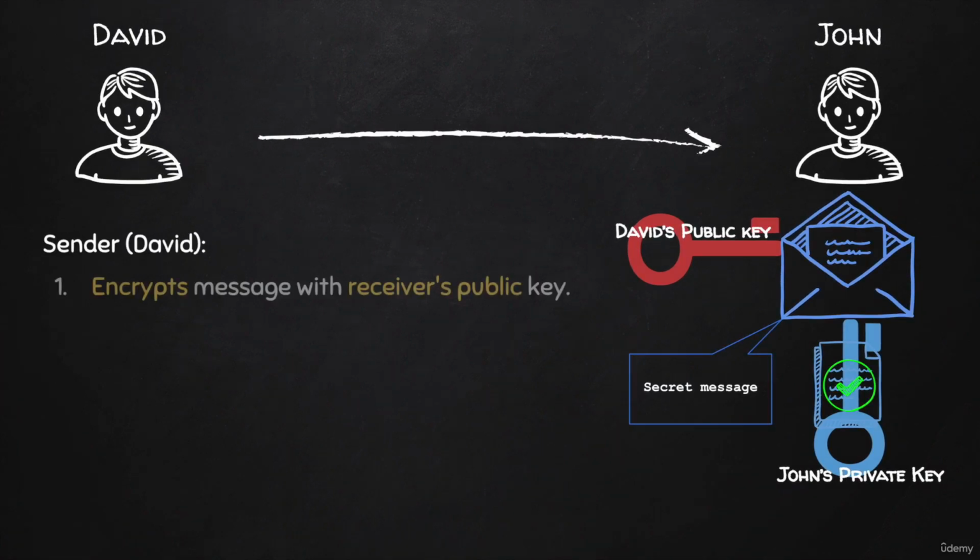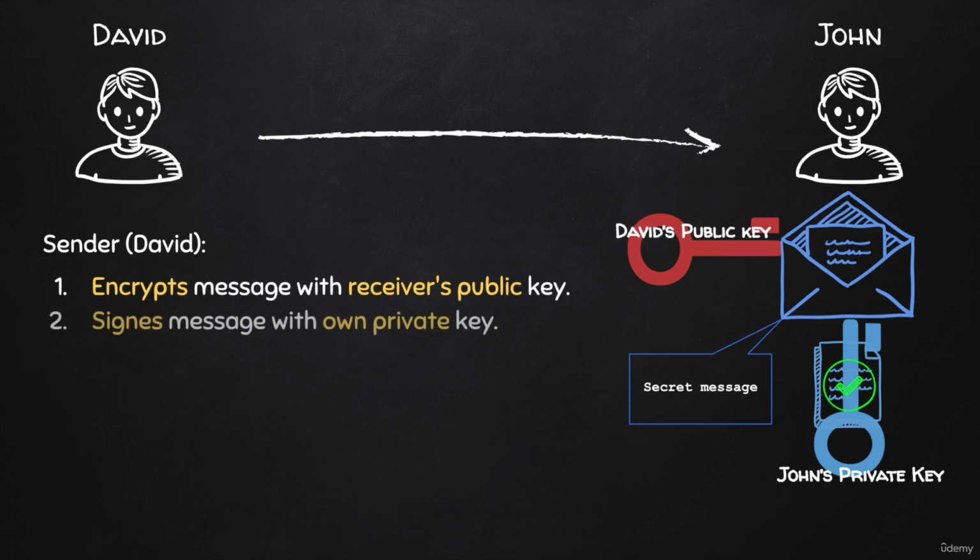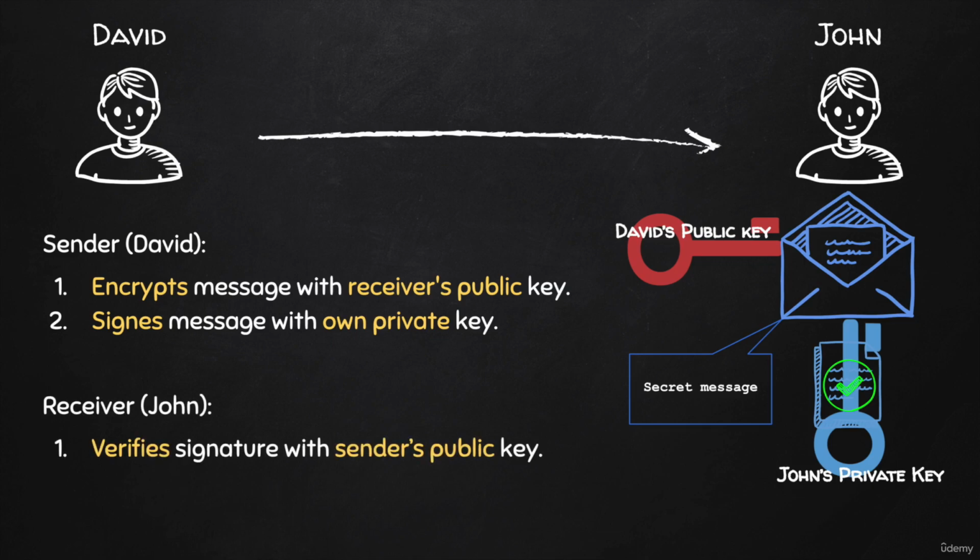So the sender encrypts the message with the receiver's public key and signs the message with his own private key. The message is sent, the receiver verifies the signature with the sender's public key and decrypts it with his own private key.